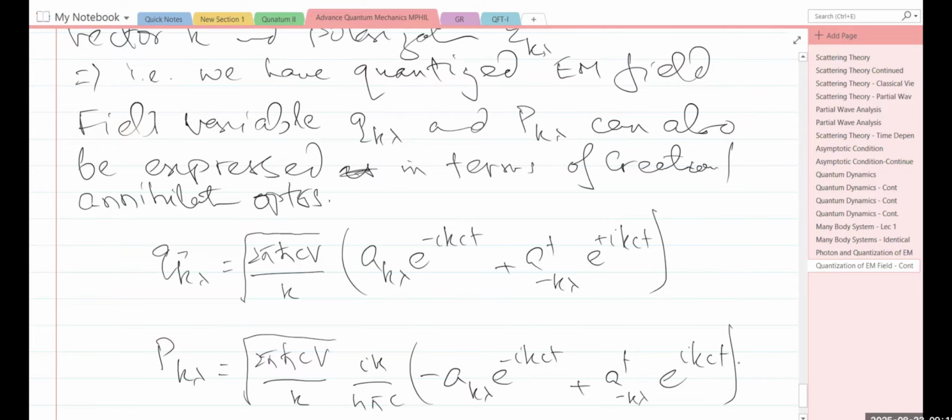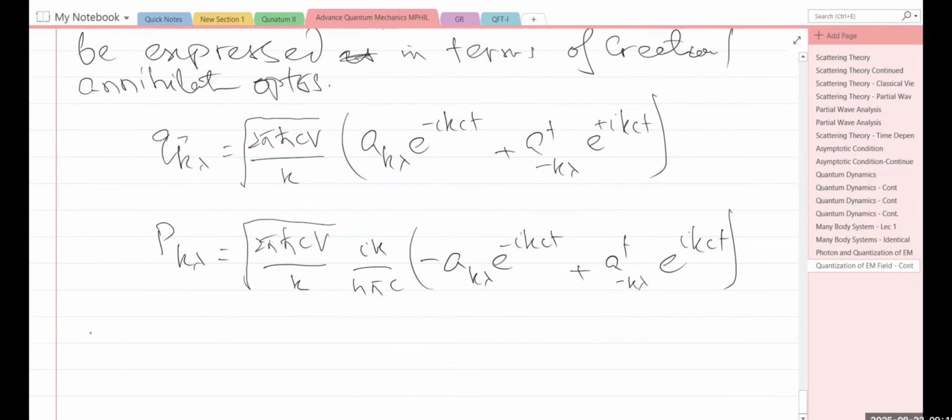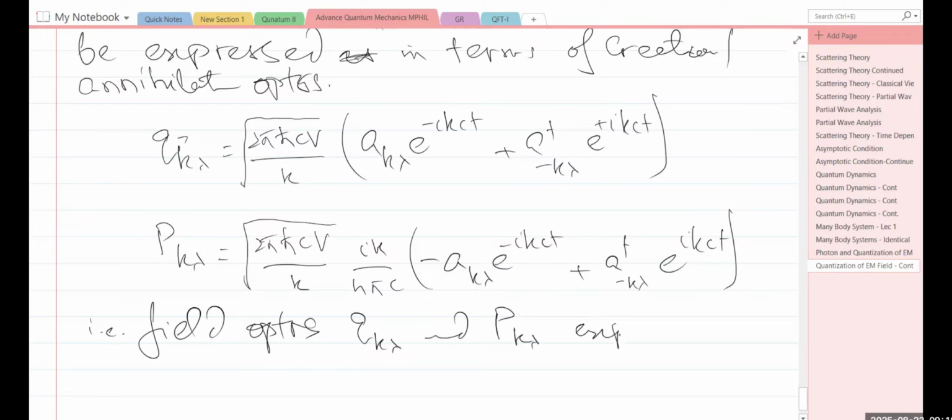So basically what we have done is express the field operators q_k lambda and p_k lambda in terms of a_k lambda dagger and a_k lambda, that is, creation and annihilation operators.